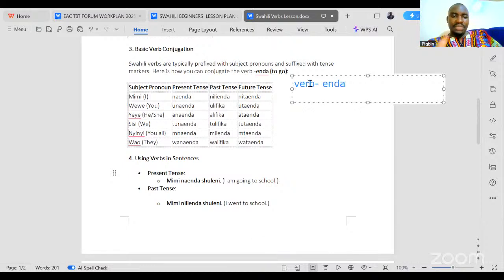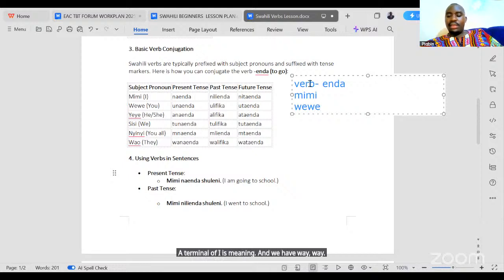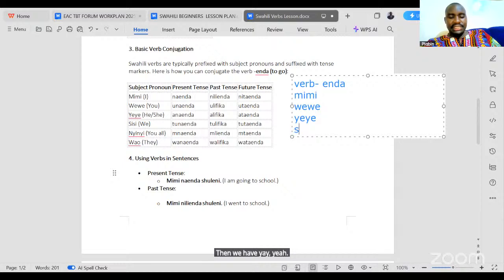Now our pronoun for I is mimi. Then we have wewe, then we have yeye, then we have sisi, then we have nini, then we have wao.